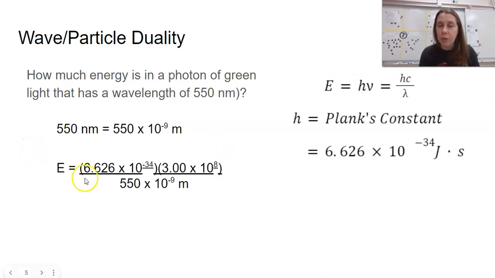And then if we plug that into our equation for energy, we take Planck's constant, the speed of light, okay, because we need the speed of light if we're using wavelength, which is our lambda, we'll need this equation, and then our wavelength, which is 550 times 10 to the minus 9. Okay, so then you just put that into your calculator, and you get 3.6 times 10 to the minus 19th joules, all right? And that has two significant figures because our 550 only has two significant figures, because we don't know if that 0 is significant or not.